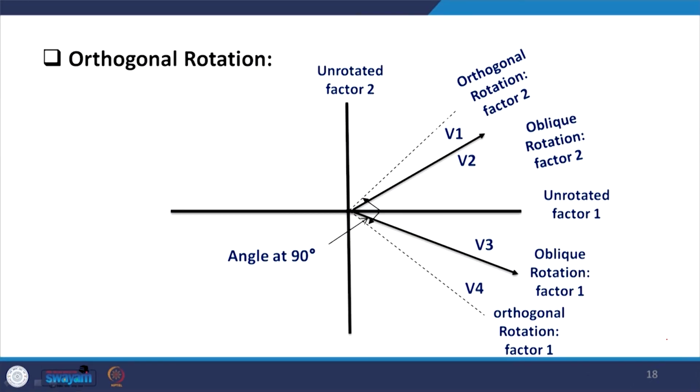In practice, the choice of rotation makes very little difference, so rotation is not even required much. From the figure you can see that we defined factor 1 and factor 2, plotted at a starting point at 0 with a 90-degree angle initially.